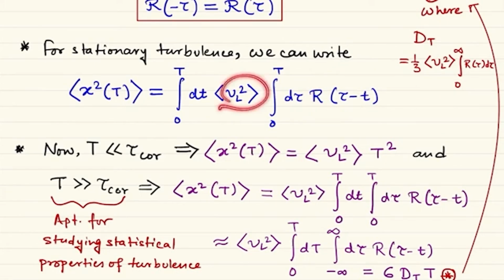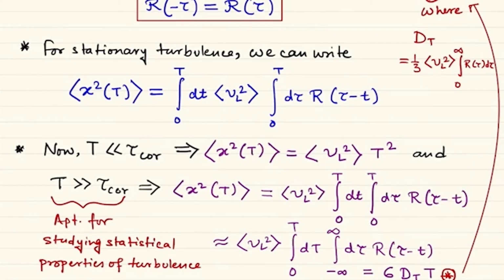This is constant, so this will give you capital T. So you will simply have the mean square displacement equal to some constant times t square. So at very short times, the mean square displacement is proportional to t square, a parabolic relationship with t.